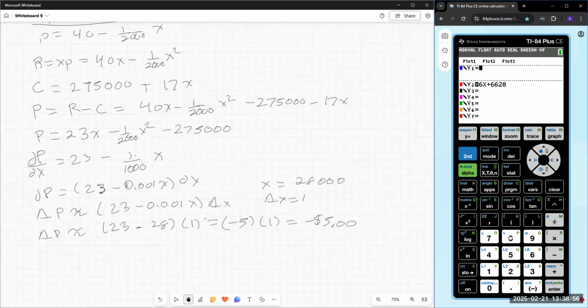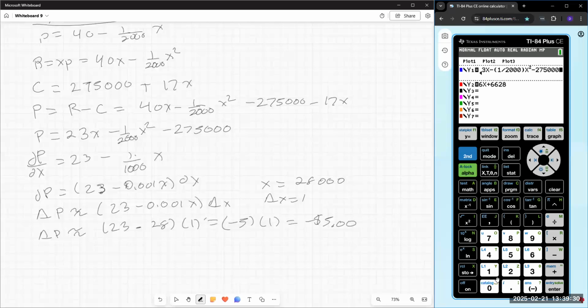It is going to be 23x minus 1 over 2,000 x squared minus 275,000. And we have our tangent line here.